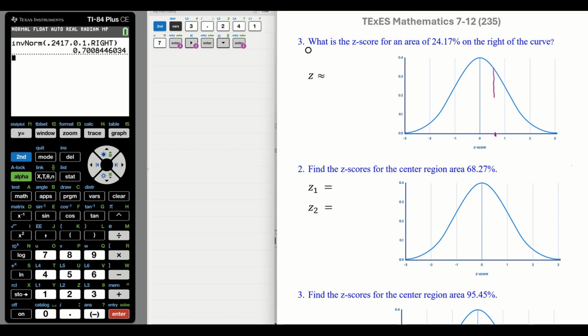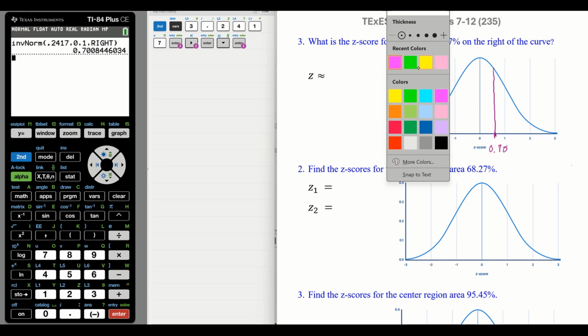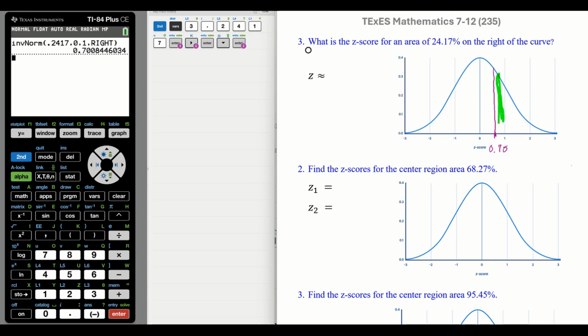Okay. So if we draw down and that 0.7, okay. So it doesn't matter which side. Okay. Well, I can color that in for us. And we're really saying we want this side over here. Okay.